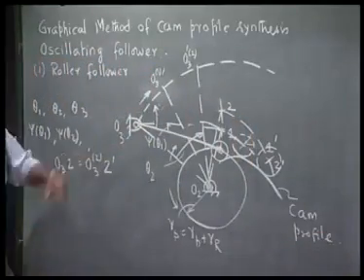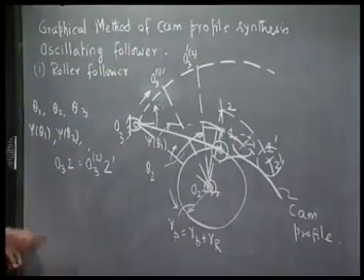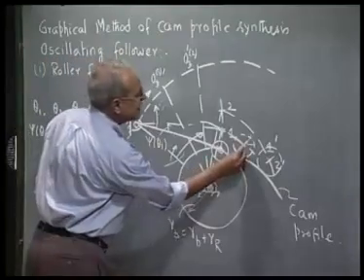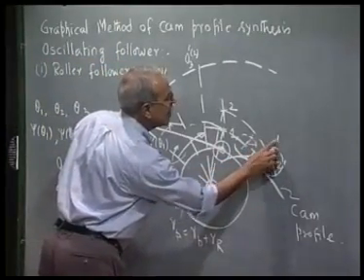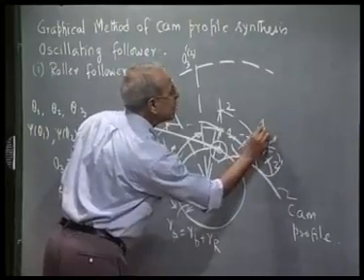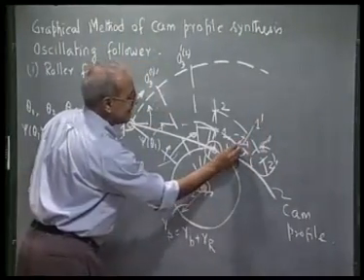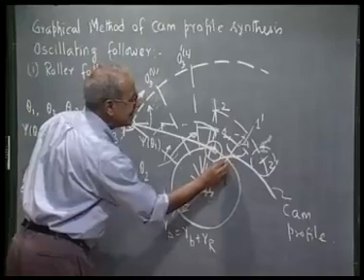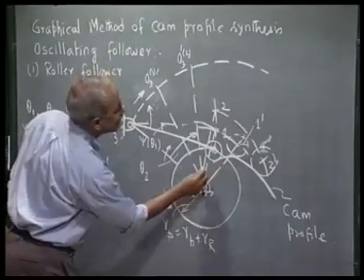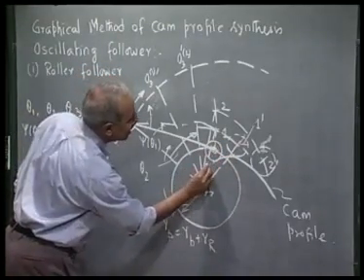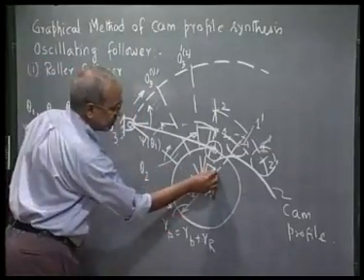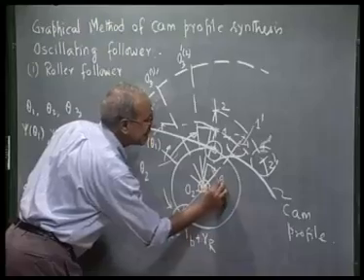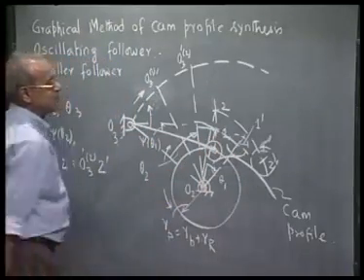In fact, very simple geometrical consideration can show that this point we called 1 prime, I can easily get if I rotate O2 1 in the clockwise direction by theta 1, I get to 1 prime.